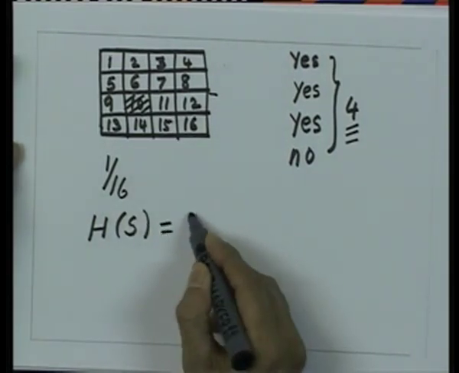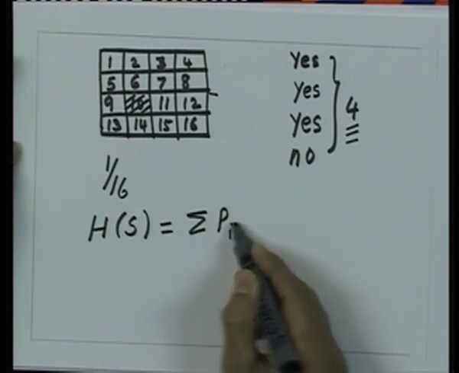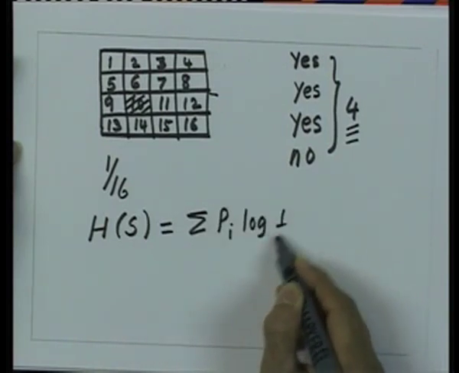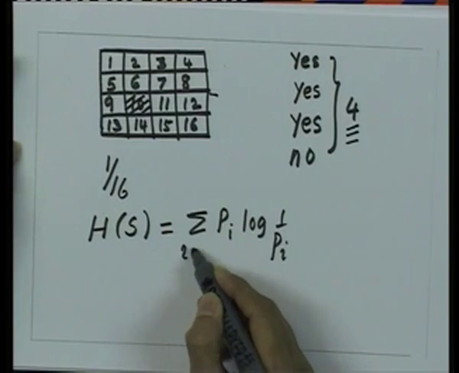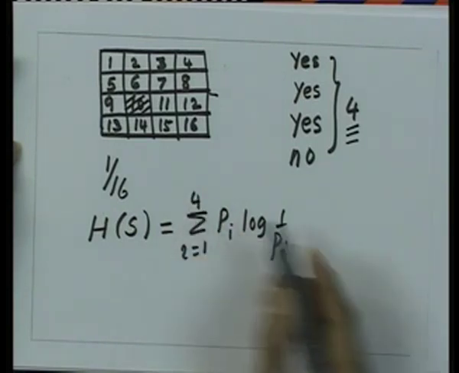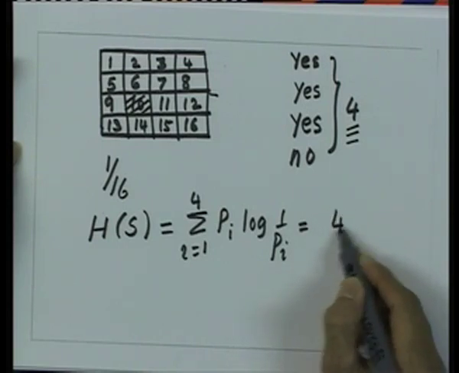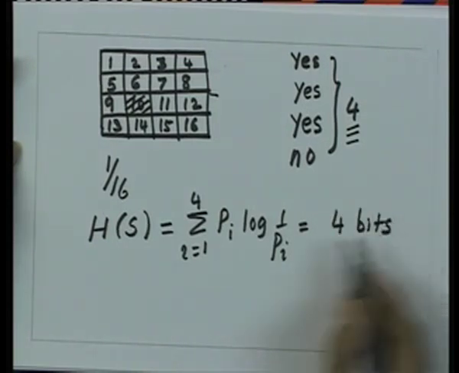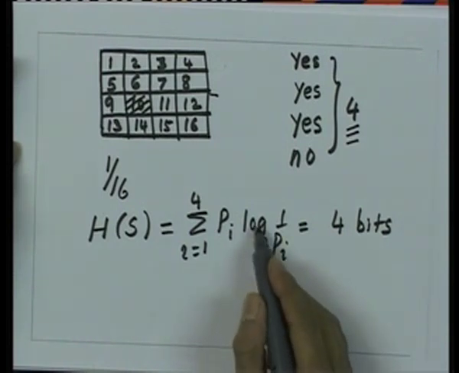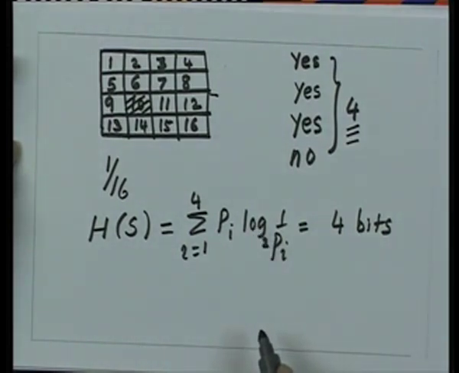Then I can find out what is the entropy associated with this grid, and what I will get is the summation of p_i log 1 by p_i, i equal to 1 to 4, and in this case it will turn out to be nothing but 4 bits. Always the logarithm is to the base 2. Right?